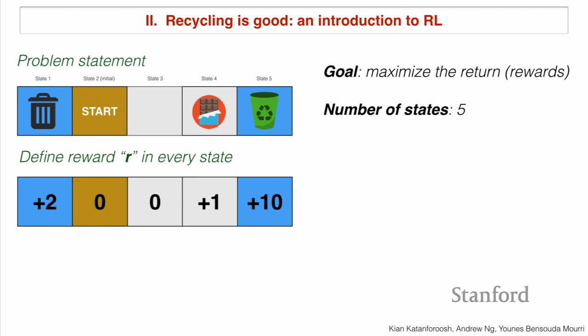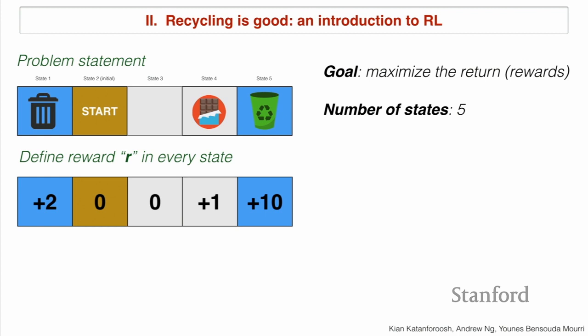If we get to state 5, we get to the recycle bin, and we can get +10. Super important application. State 4 has a chocolate. So what happens is if you go to state 4, you get a reward of 1 because you can eat the chocolate, and you can also throw the chocolate in the recycle bin, hopefully. Does the setting make sense?